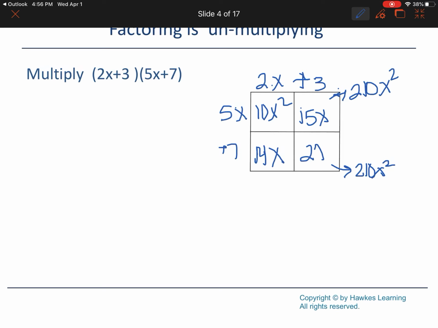Okay, now, why does that matter? Well, the fact is that if you have a polynomial that you're going to put into this square and factor it, then it has to be such that the diagonals equal each other when you multiply them.